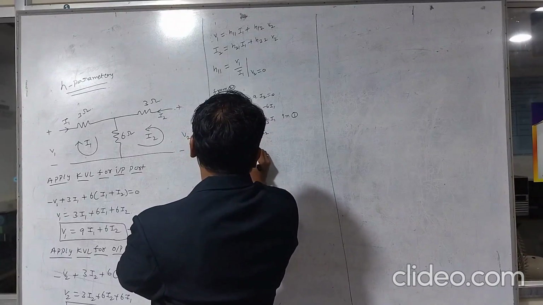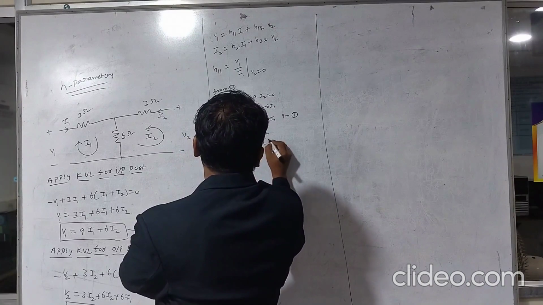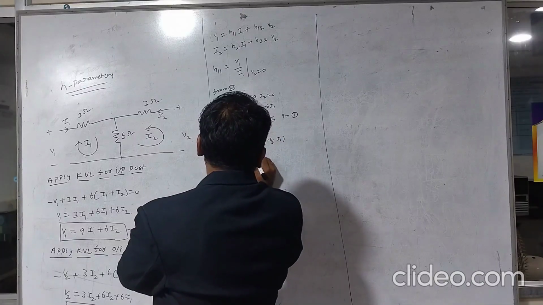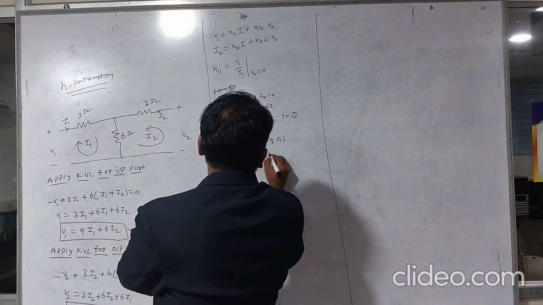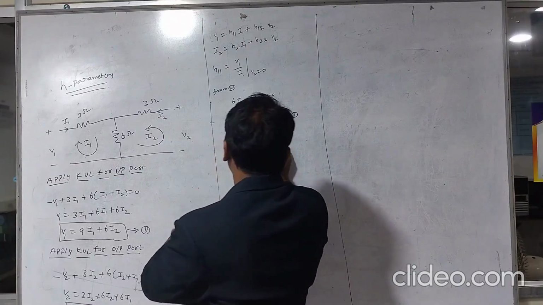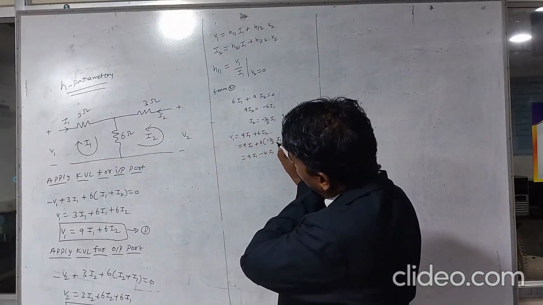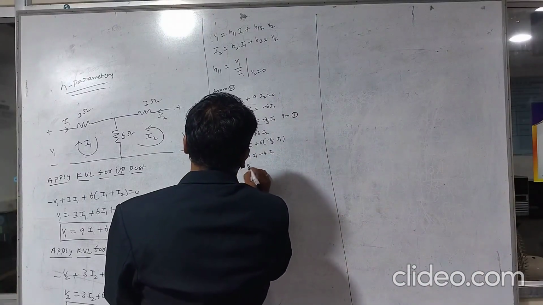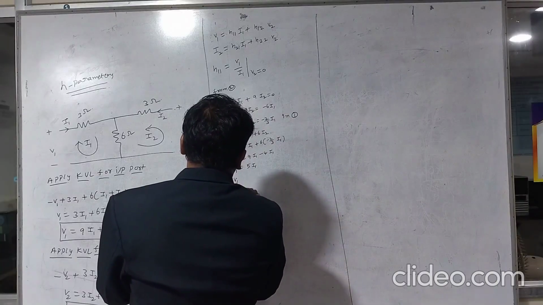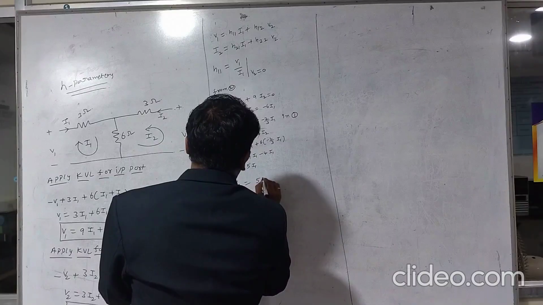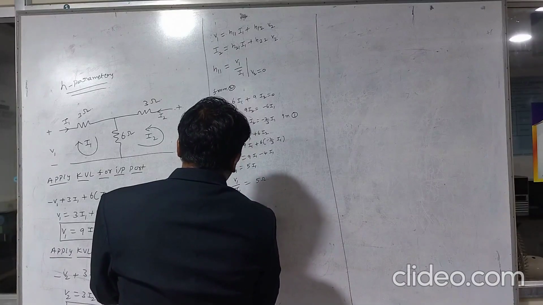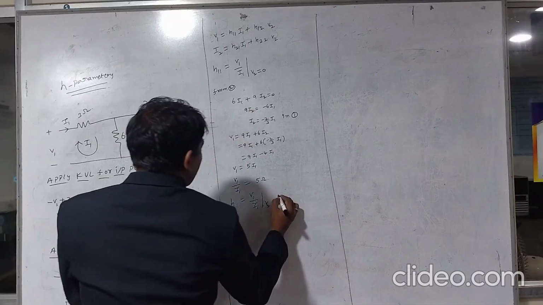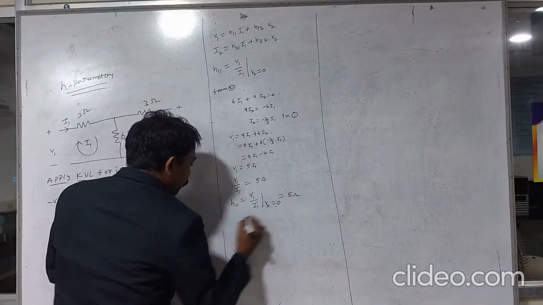Instead of I2, I'm going to replace with minus 2 by 3 into I1. 9I1 minus 4I1, since 2 into 2 is 4, plus into minus is minus. So V1 equal to 5I1. V1 by I1 is nothing but H11, that is 5 ohm.